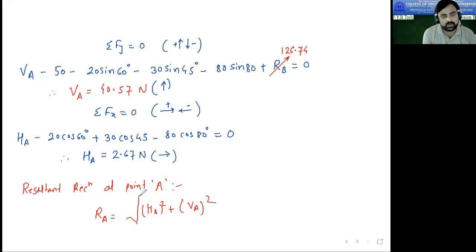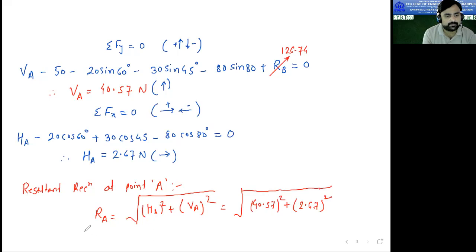R is equal to under root summation Fx square plus summation Fy square. In the same way RA is equal to under root HA square plus VA square. If you put the values, you will get the answer. So VA is 40.57 square plus 2.67 square, HA and VA. Therefore, RA is equal to, calculate the value.